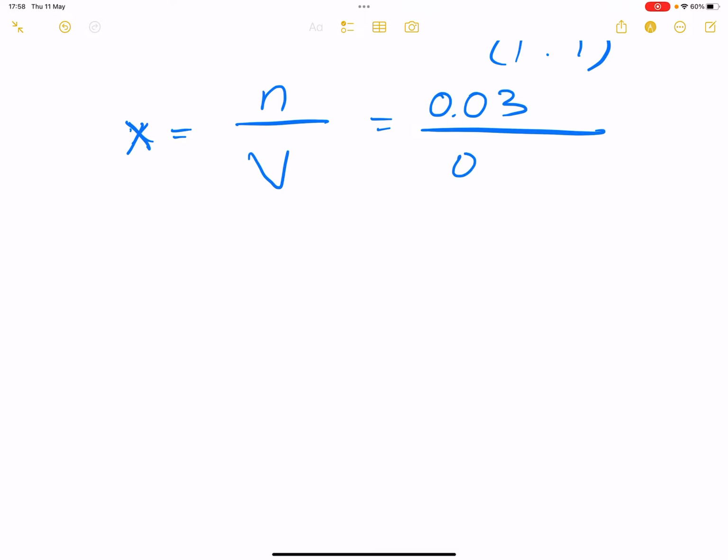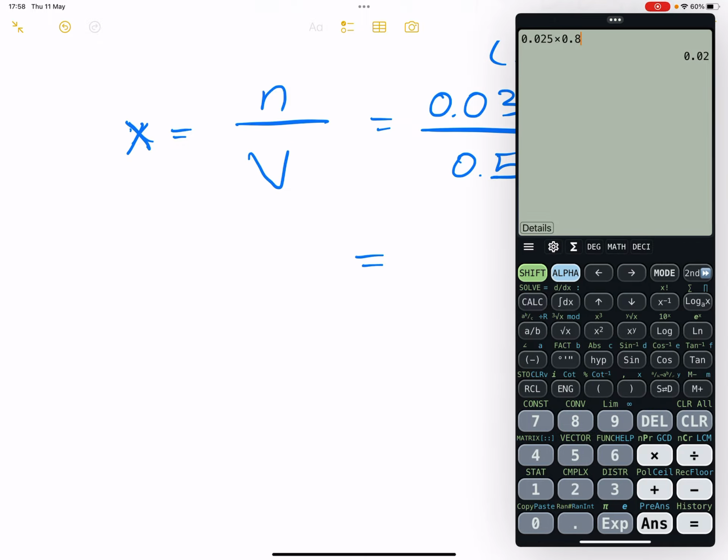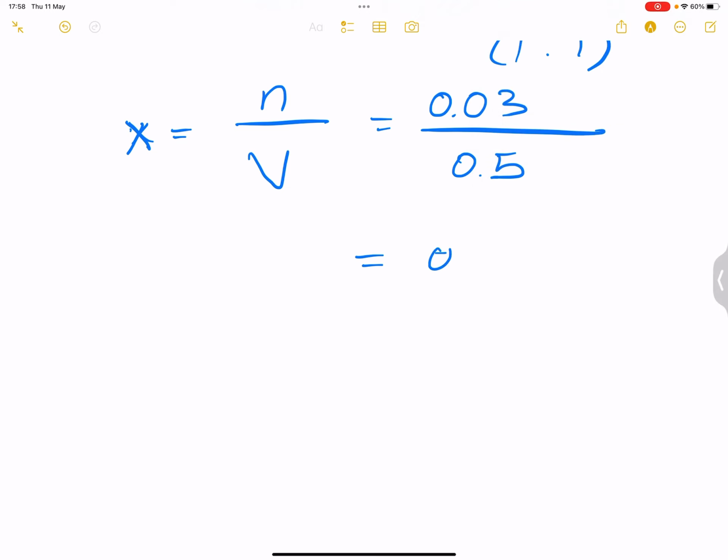Remember, it's 500 divided by 1,000, which will give us 0.5. And so that would simply be just twice that. That would give us 0.06 moles per cubic decimeters. So the X amount in this case would be 0.06 moles per cubic decimeters.